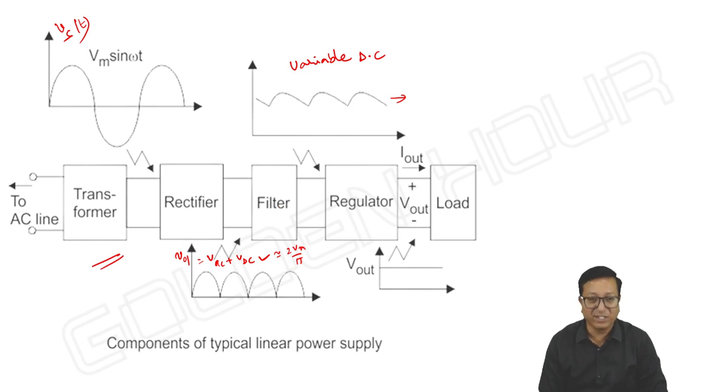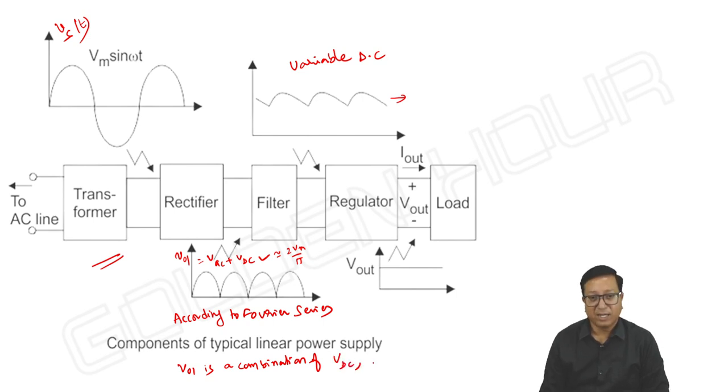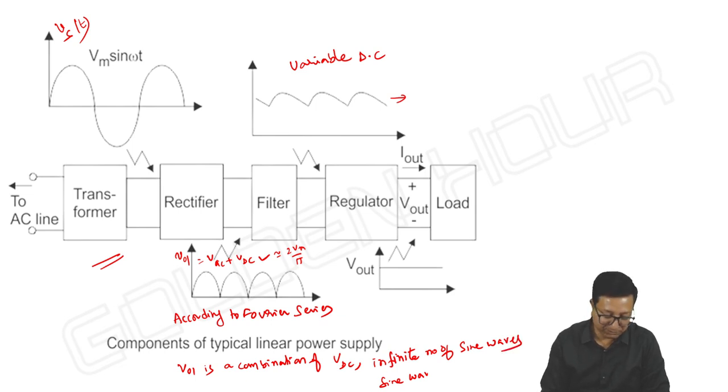Here, according to Fourier series, this VO1 is a combination of a DC component and an infinite number of sine waves and cosine waves.